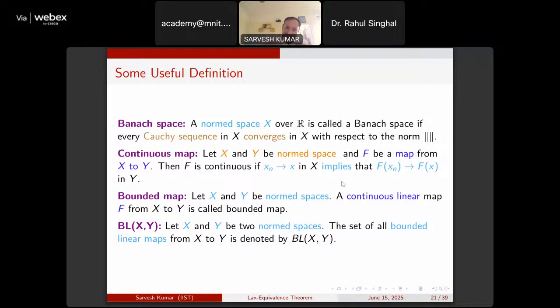And bounded: since we are linear, bounded and continuous linear maps are the same. What is a bounded linear operator? The set of all linear operators from x to y which are bounded is the set of bounded linear operators. This is the basic thing you might have seen, but I have to recall it because it's very important for today.